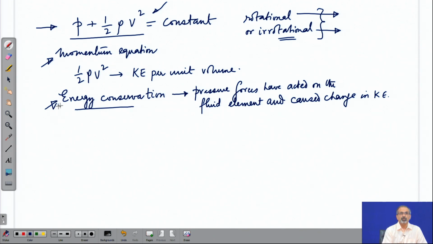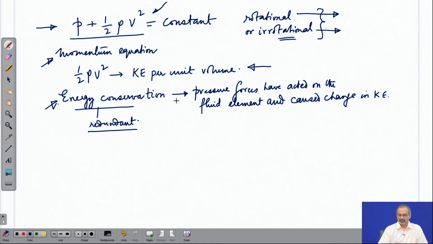However, if we are not looking at the energy conservation point of view, even then purely from the momentum equation point of view, we could have derived it. That means, the energy equation is essentially redundant for the kind of flow field that we are dealing with.